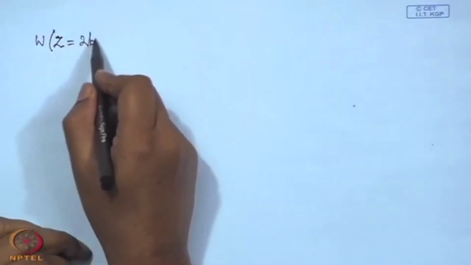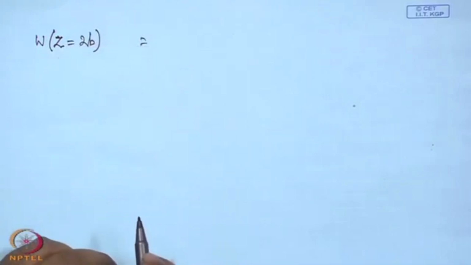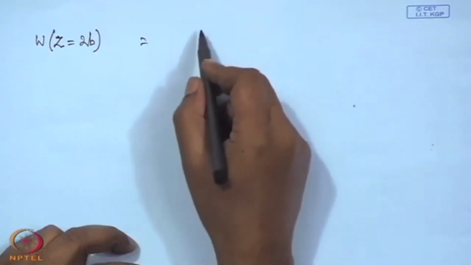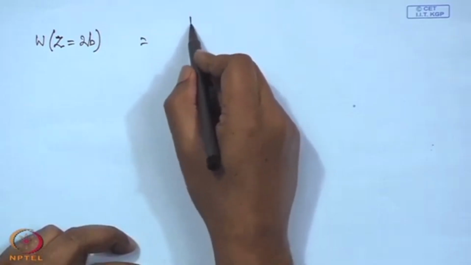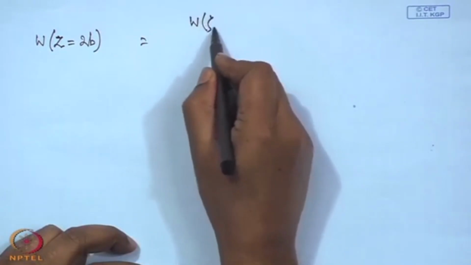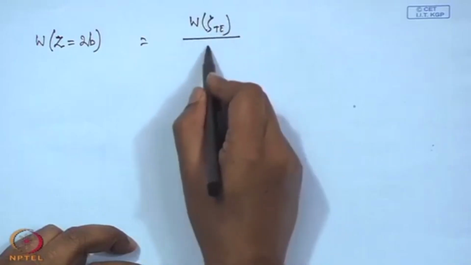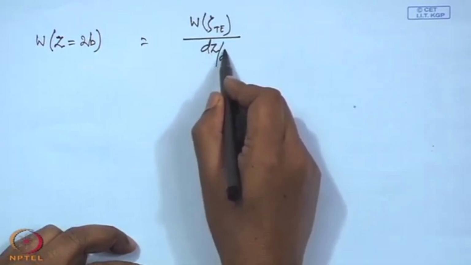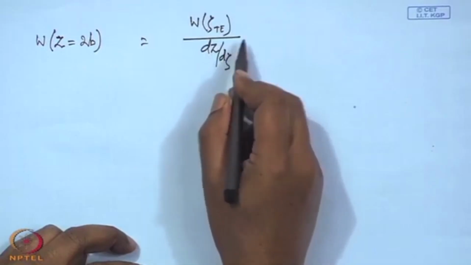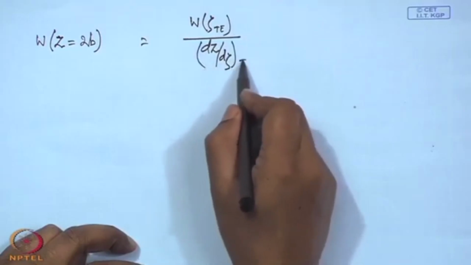So the transformation gives z equal to 2b. This of course is indeterminate.